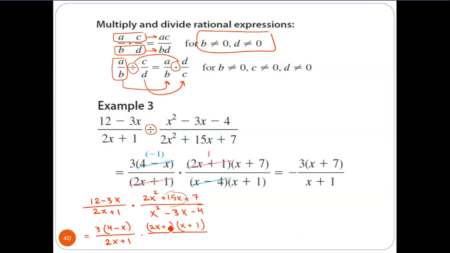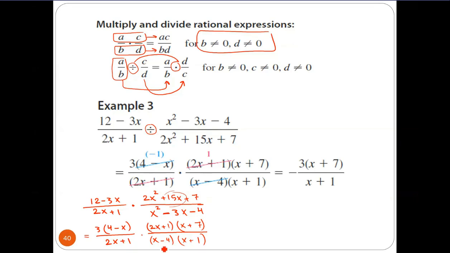So the correct one is 1 here and plus 7 there. In the denominator also we have x squared, x with x, negative 5, so we have negative 4 with positive 1, or negative 1 with positive 4. Because we have negative, the bigger number is negative, so minus 4 plus 1, like this.